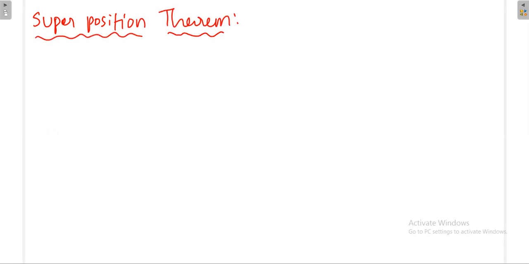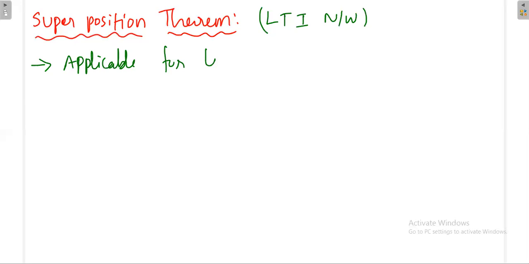The superposition theorem is applicable only for LTI networks, linear time invariant networks.